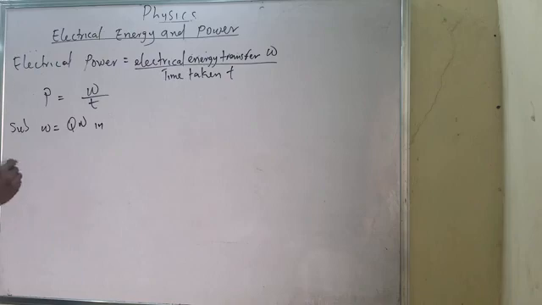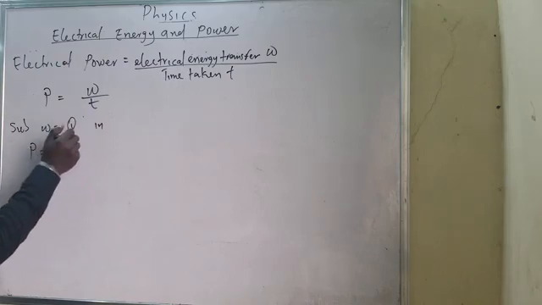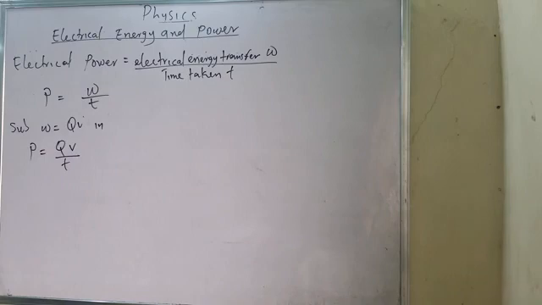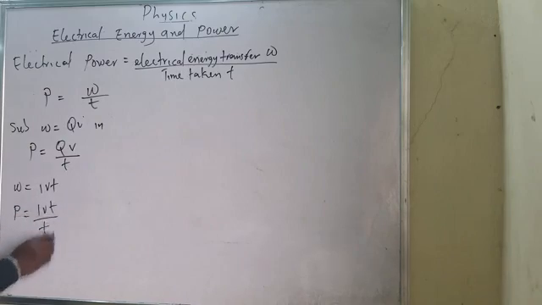Now it means I can say my power equals QV divided by T. Now we all know that W is also equal to IVT, which means my power equals IVT divided by T.